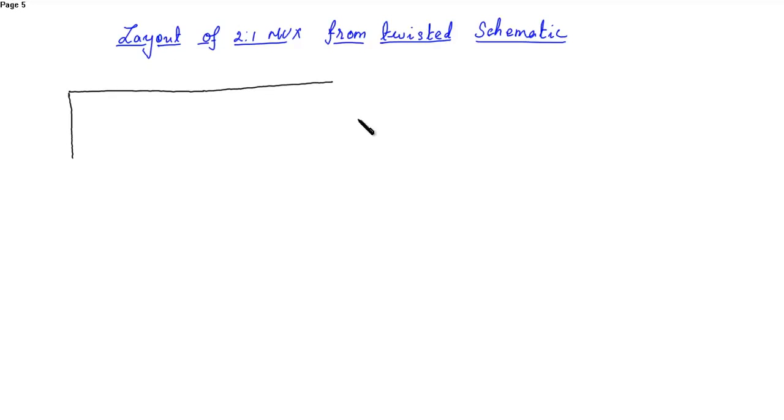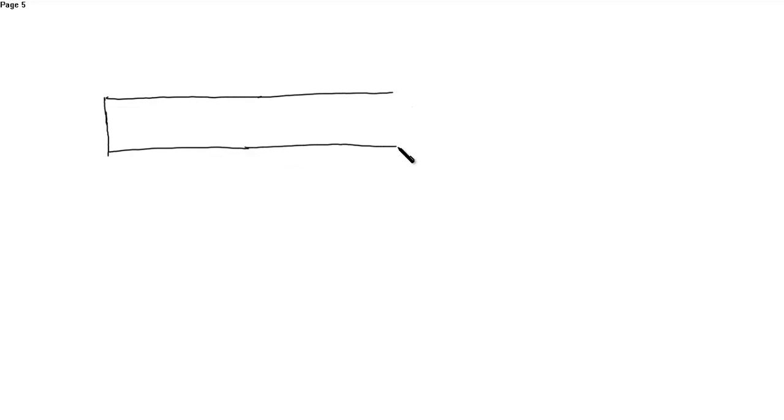We can clear this so that we can get enough space. So we'll draw the n-well first.